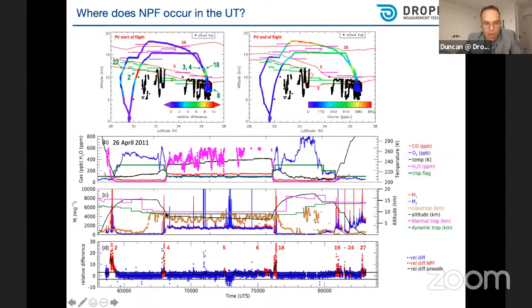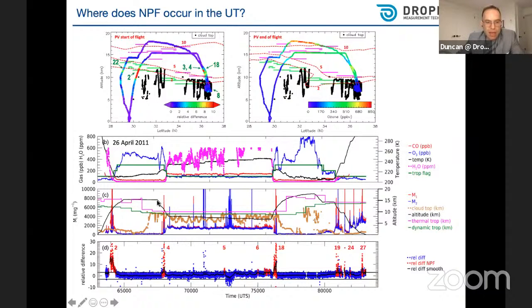But if we focus on the altitude here and the occurrence of the particle formation events, especially the strong ones, we see that particle formation event number 2, for example, occurs when the aircraft is penetrating the dynamic tropopause. See the black line here is crossing the green.